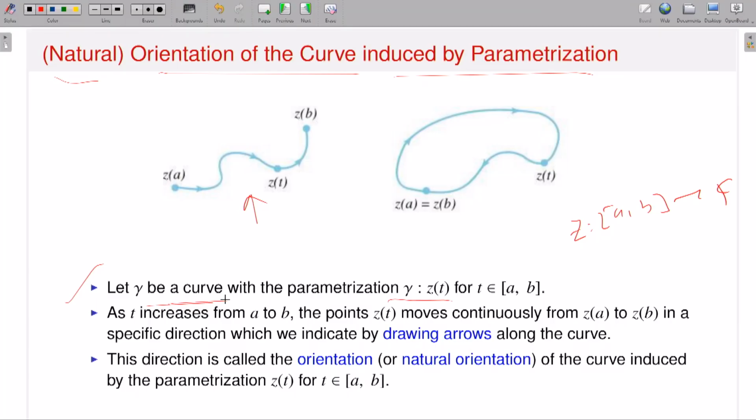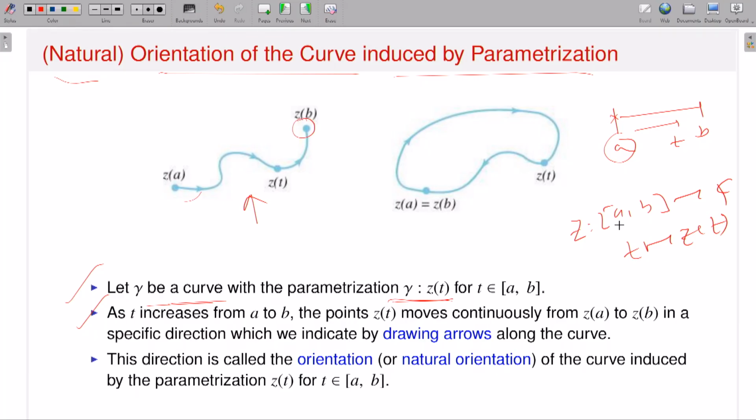So if I have a curve with parameterization gamma equals z(t), then look, if t increases, this is the map t goes to z(t). Now I will have a, I will have b. If t starts from a and moves towards b, then z(t) will start from z(a), and as t runs from a to b, z(t) will move along the curve and approach the point z(b).